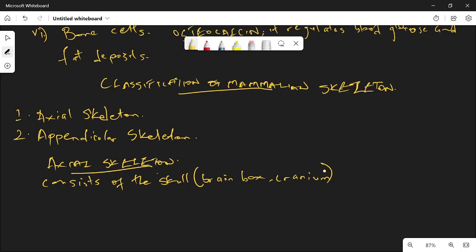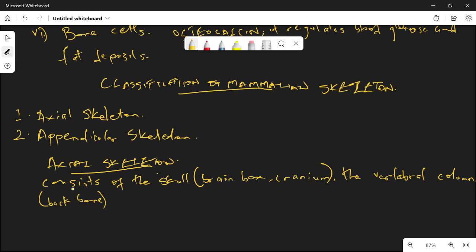It also has the vertebral column. That's the backbone. Vertebral column or backbone.